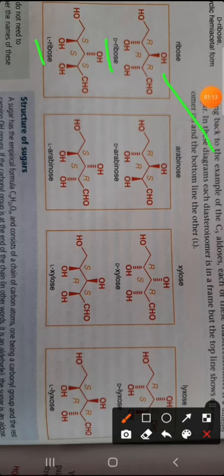So what is happening here? I will change the configuration of this molecule. I will change the substituent positions in space. The OH group above the plane here is taken below the plane, and these OH groups, which were both below the plane, are taken above the plane.